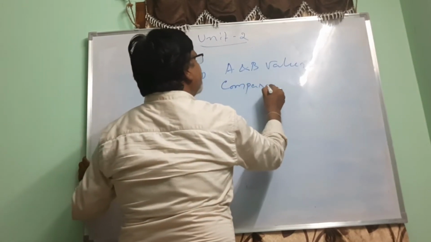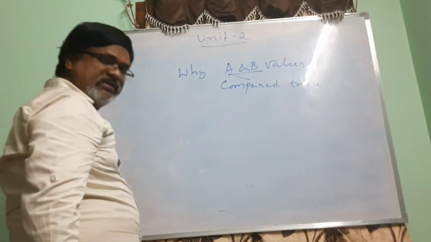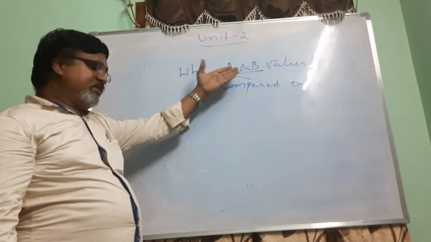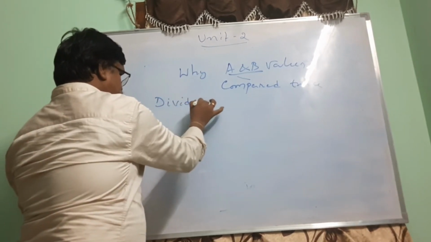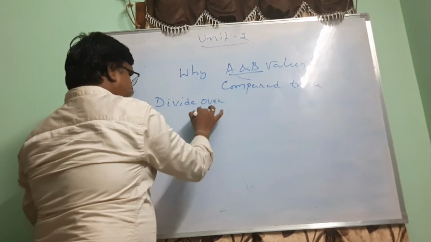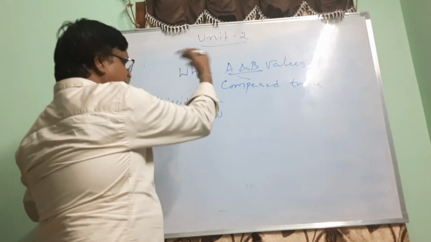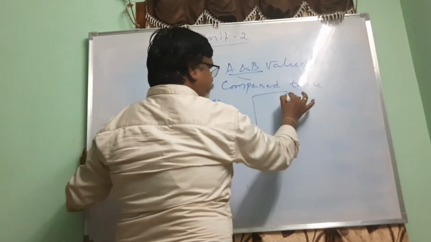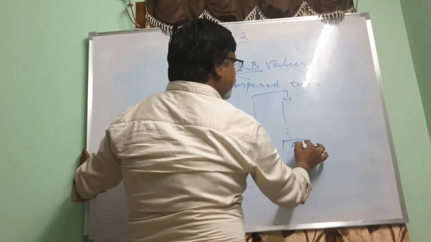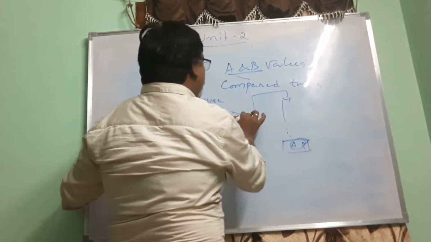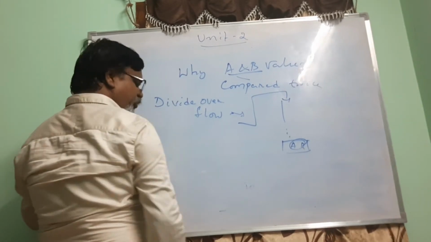In the flowchart, I compared A and B twice, and if A is less than B, I said divide overflow in the initial stage itself. If it is not, then we perform some operation, and every time A is compared with B again. So why have these two comparisons been done?